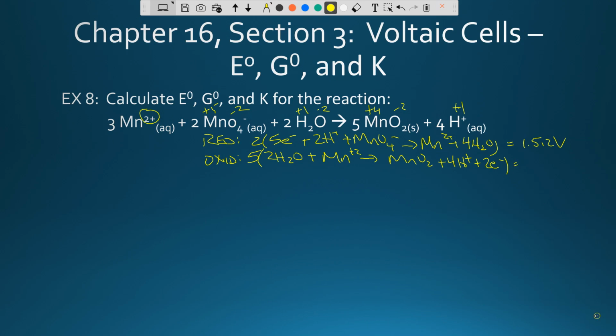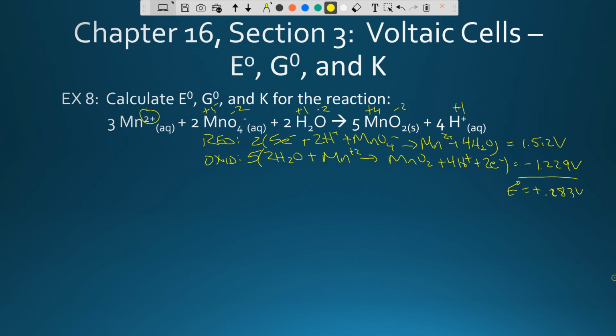And then if I use my table, now be careful, this is the case where manganese is being oxidized. So I end up with a negative 0.1229 volts. So I see that my potential is going to end up being just barely there, 0.283 volts. This is going to be spontaneous because it's positive.